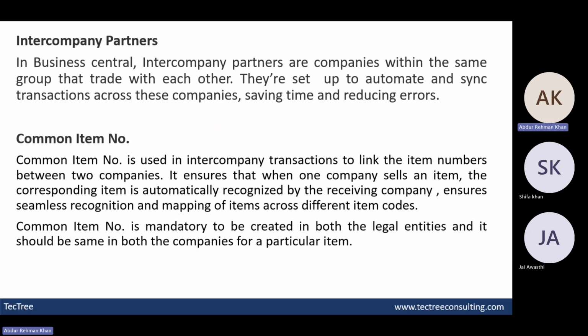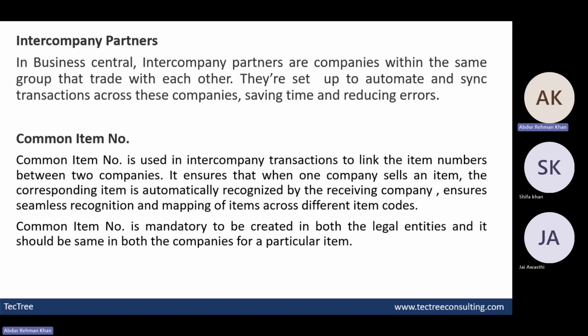Now, the next important thing is the common item number. The common item number is very important in intercompany transactions because it serves as a key attribute for identification of the same item in both companies. It does the mapping of the item in both companies. The common item number is used in intercompany transactions to link the item numbers between two companies.